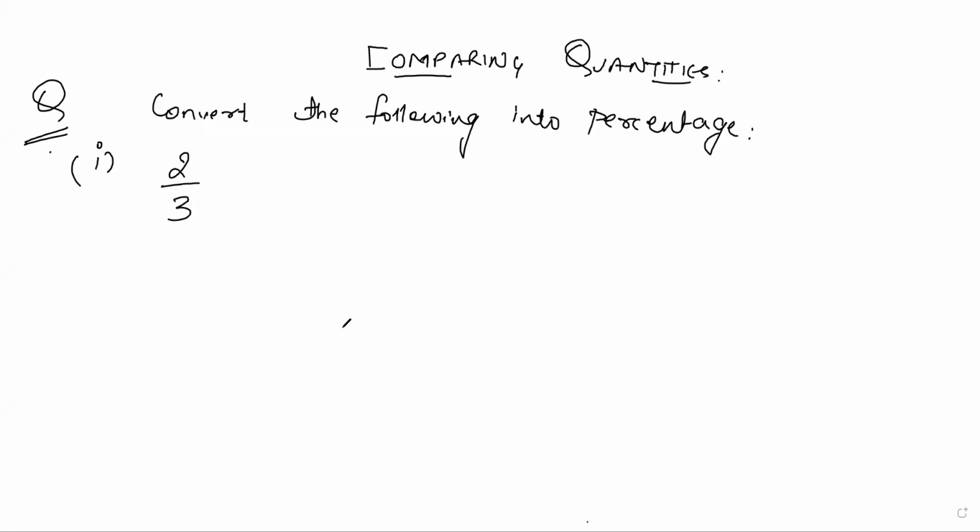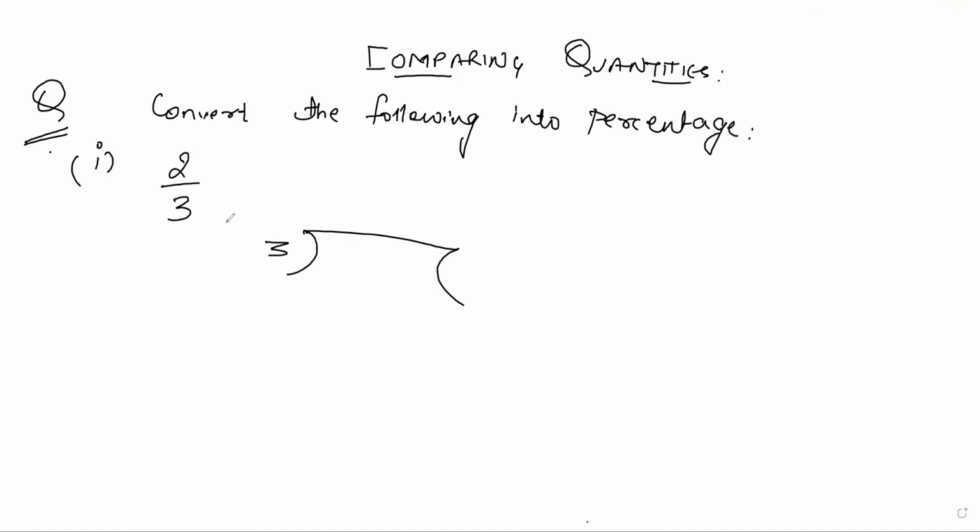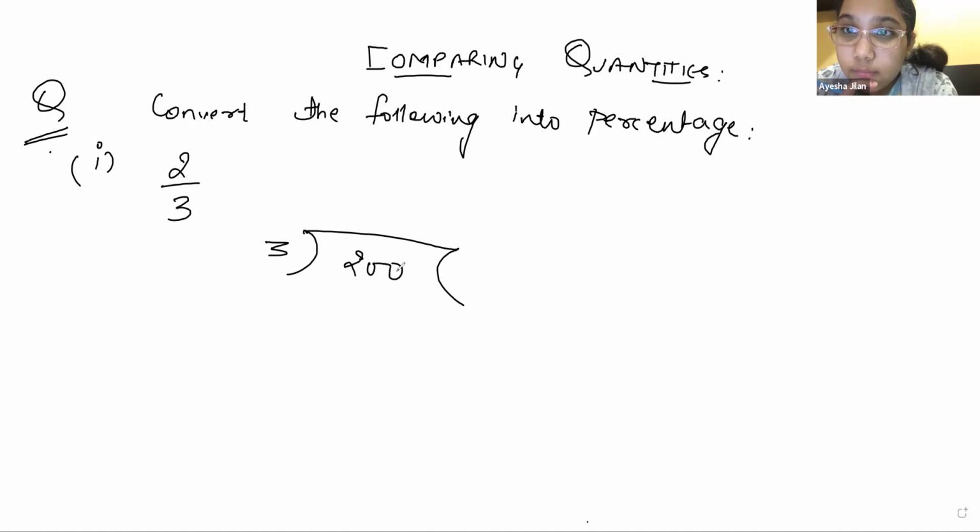Then make this. Where should I write 3? 3 on the left side and 200 in the middle. Why 100? No, 2 in the middle. Now try to solve it.